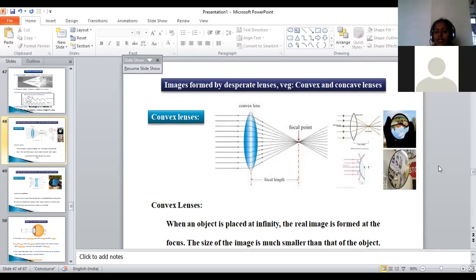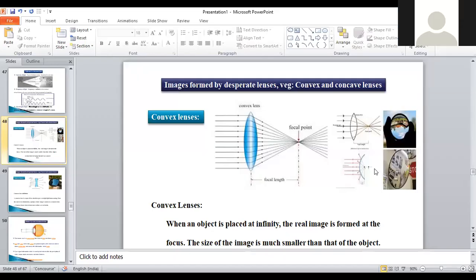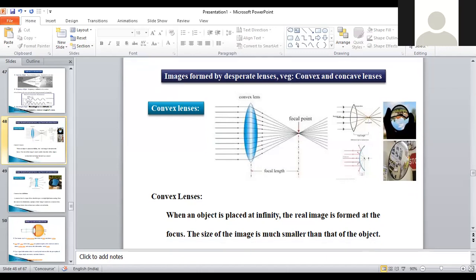The convex lens gives a real image, and even if the object is far away, it gives a real, inverted image with a clear description. This is called the convex lens.